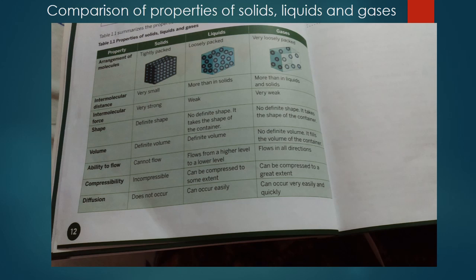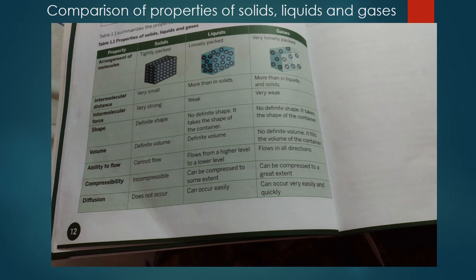Now, the second point is the intermolecular distance. The intermolecular distance between the molecules of solids is very less. Then it is more in liquids, but less than gases. So we can say that the intermolecular distance is least in the solids and most in the gases.